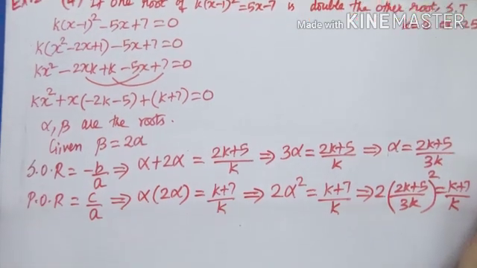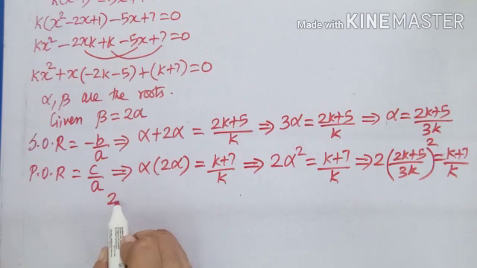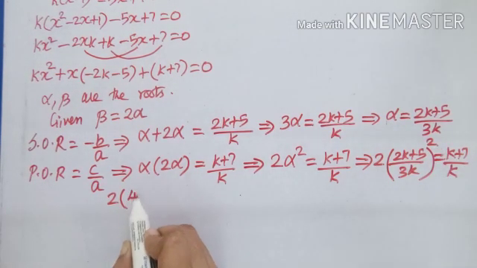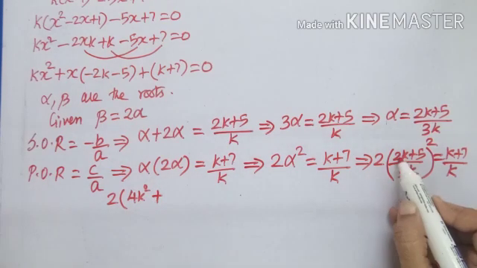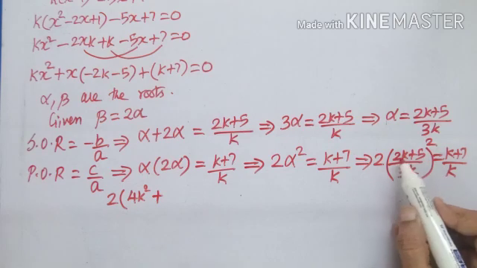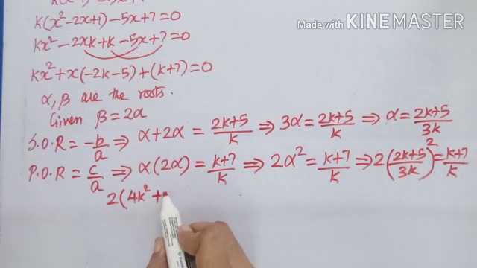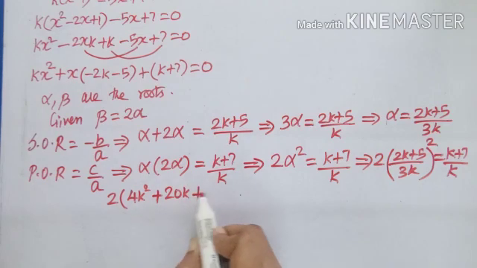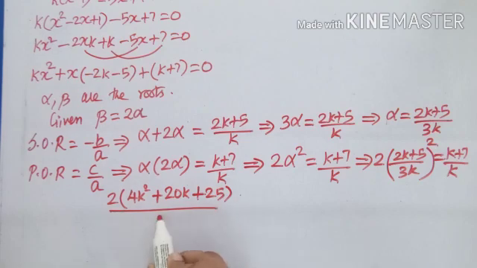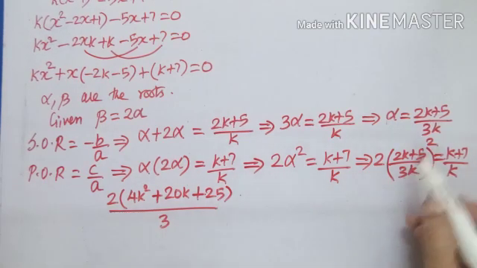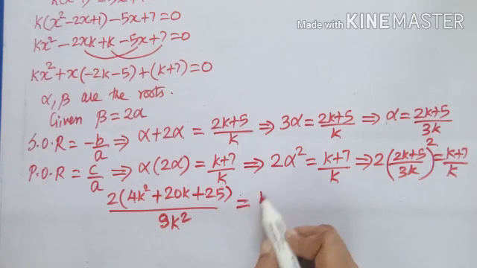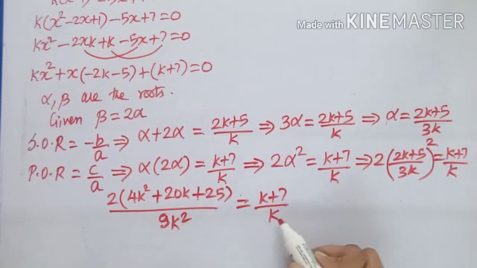Let us simplify this. 2 into, expand this a plus b the whole square: 4k square, 2k the whole square, plus 2 into 2k into 5, 2 into 2k is 4k, 4k into 5 is 20k, plus 5 square is 25. Whole thing divided by 3k the whole square will become 9k square equals k plus 7 by k.